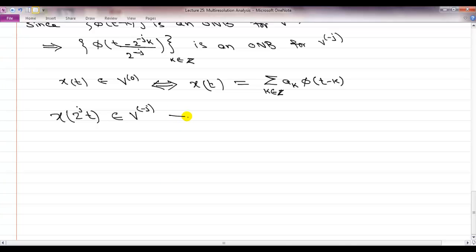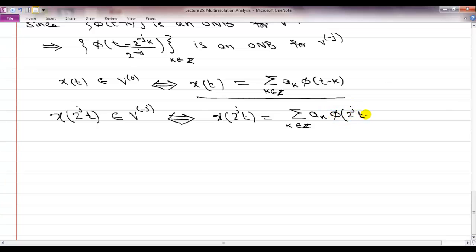Now, I can do the scaling of this expression. So that is x of 2 to the j t, which is equal to the sum over k belongs to Z of a of k, phi of 2 to the j t minus k. Okay. Now I can just rewrite that as a k phi of (t minus 2 to the minus j k) over 2 to the minus j.